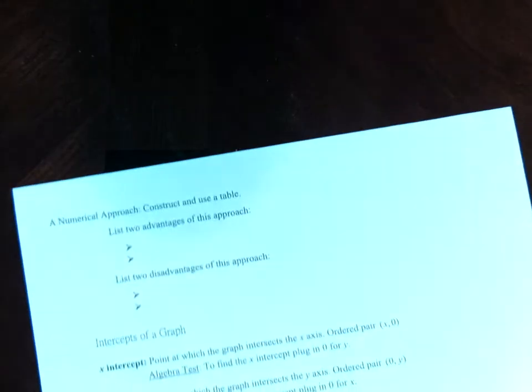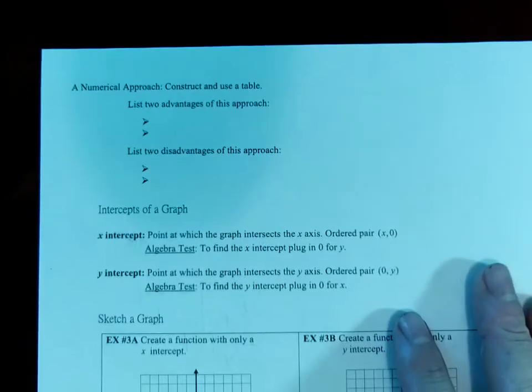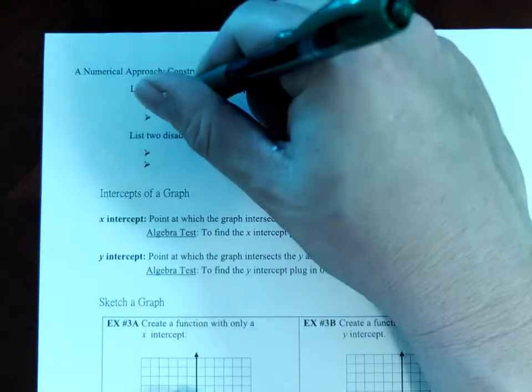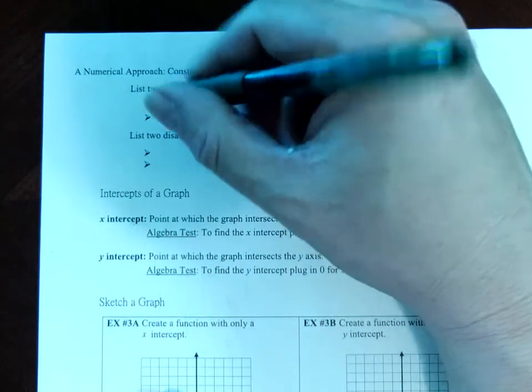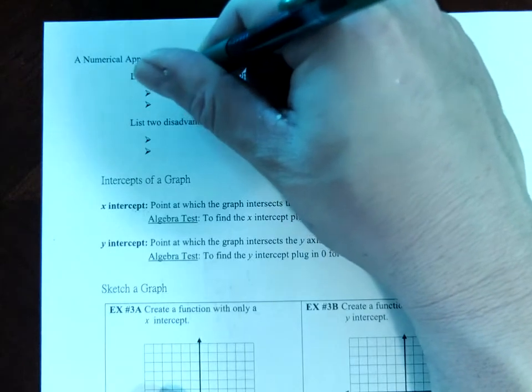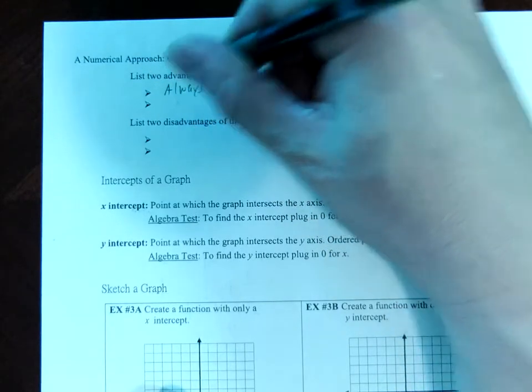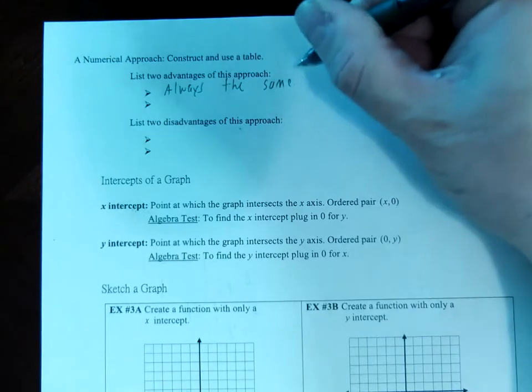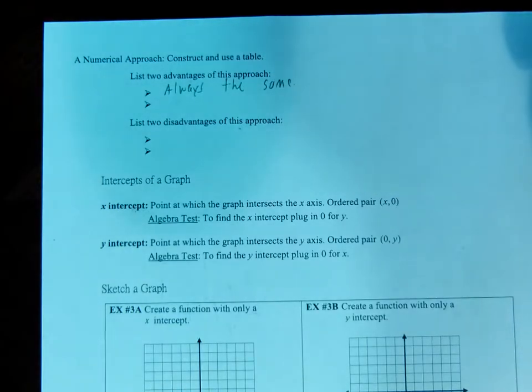Alright, so there's page 18. Page 19. The two advantages of the table approach. It's always the same. You plug points in, you get points out. The second advantage is this is the way a calculator graphs an equation.